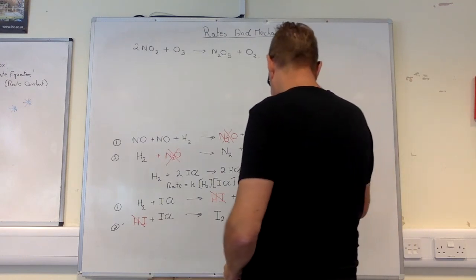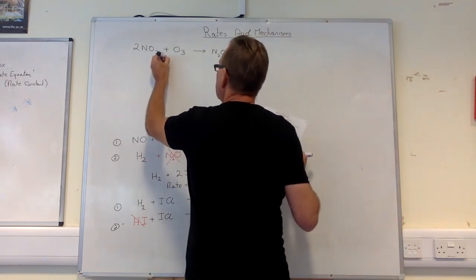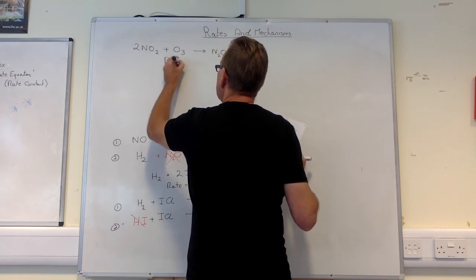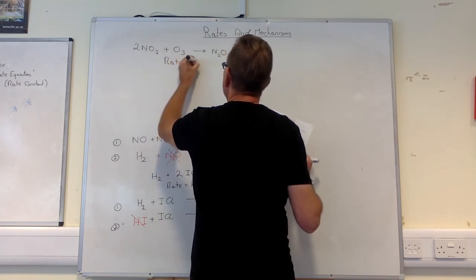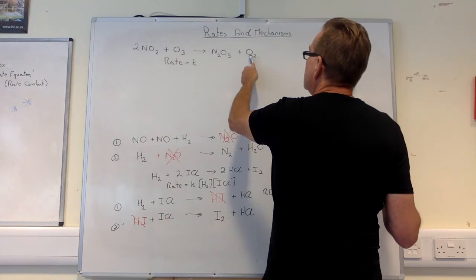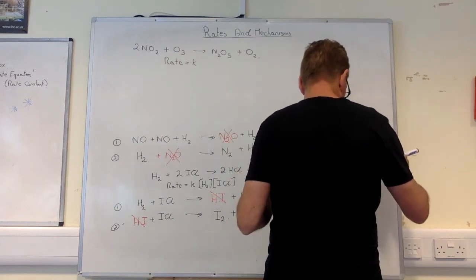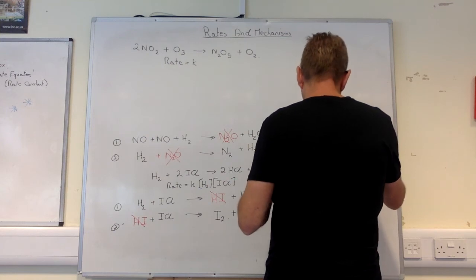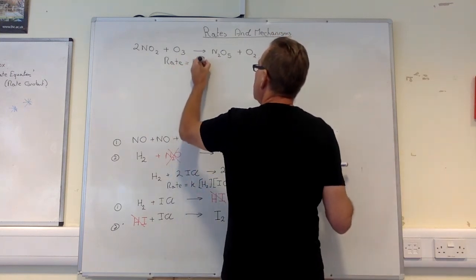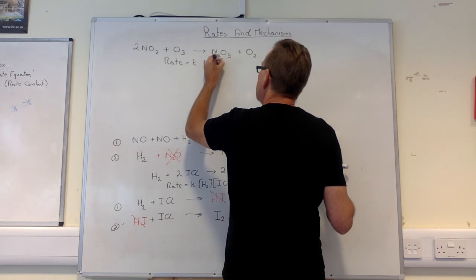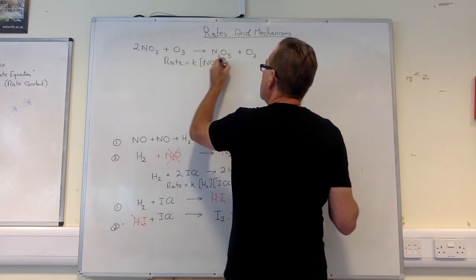Right. Rate equation is equal to, from experiment, I suppose evolution of a gas is how you would monitor the rate for this, if you're doing it experimentally. The rate equation is NO2, O3.